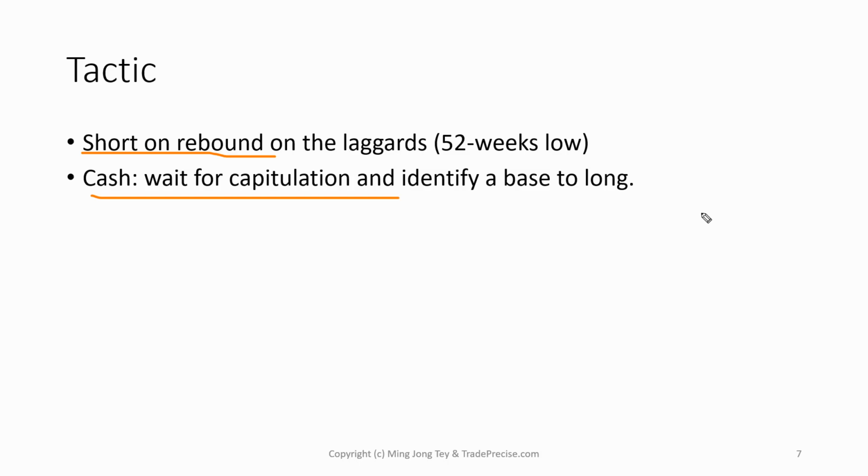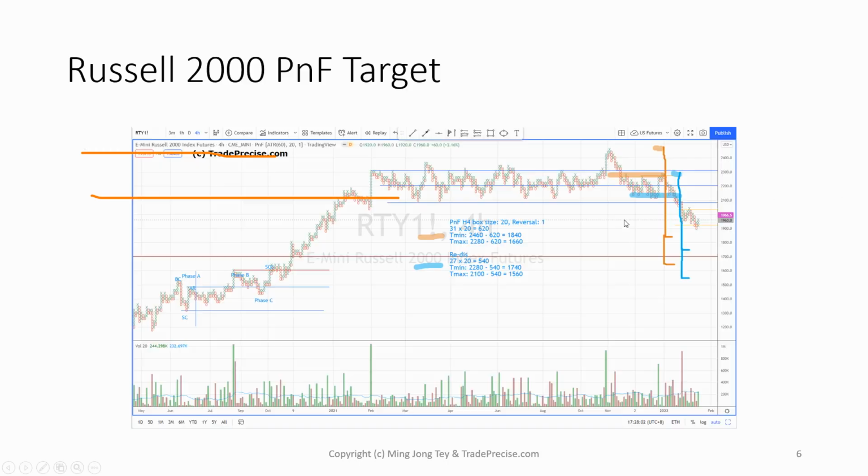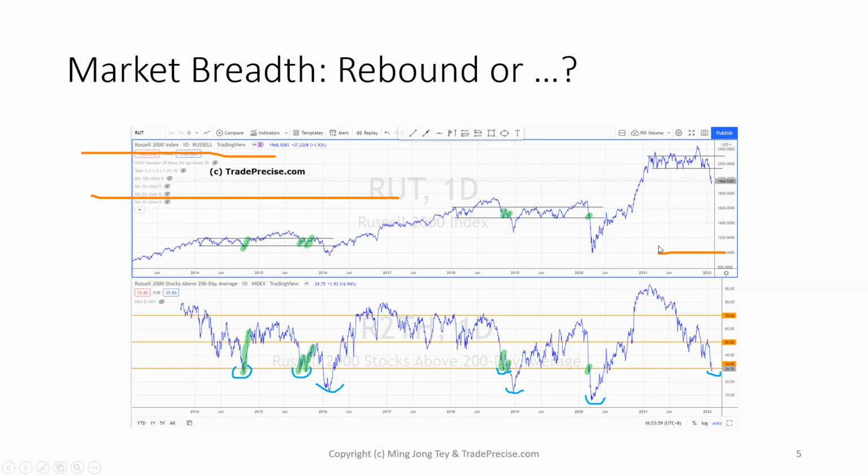If I expect a final drop, then the orange level, from the previous chart that I showed you, somewhere around maybe 1700, will be the target. I think that should coincide well with the market breadth, which should hit the capitulation level.